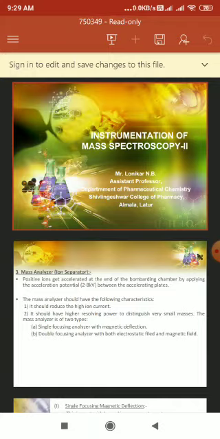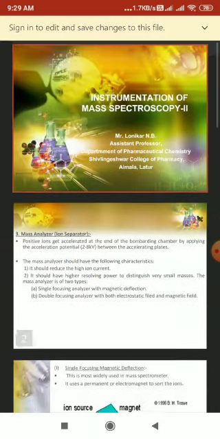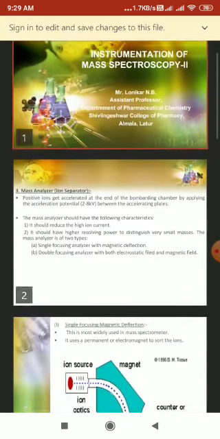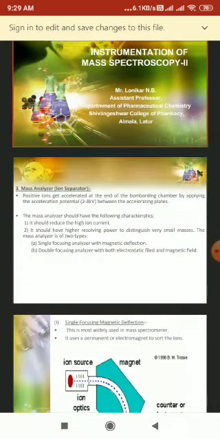Now the third basic component of instrumentation of mass spectroscopy is the mass analyzer, which is also called the ion separator. Positive ions get accelerated at the end of the bombarding chamber by applying an acceleration potential of 2 to 8 kilovolts.